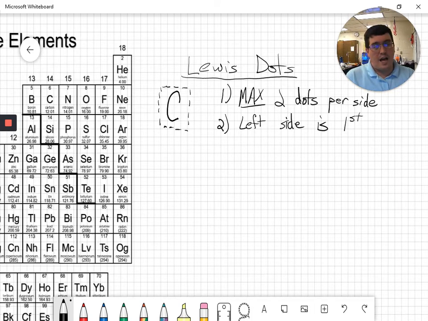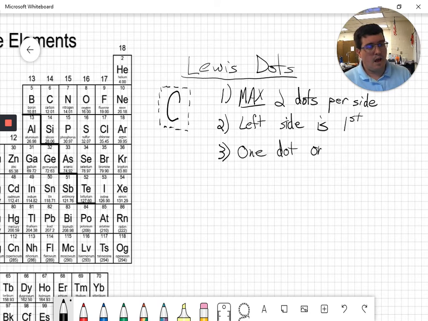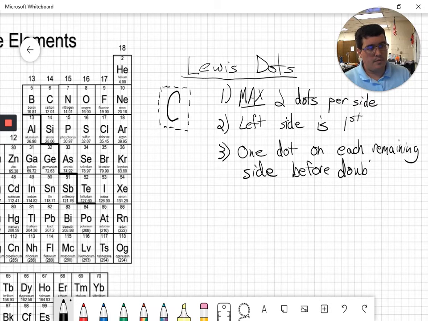So you're going to put 2 dots max on the left side. And then rule number 3 is 1 dot on each remaining side before doubling up.